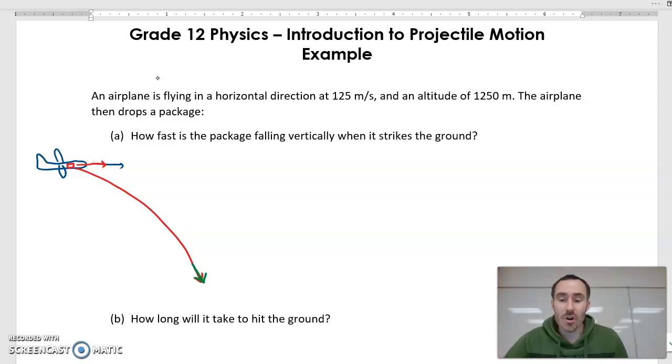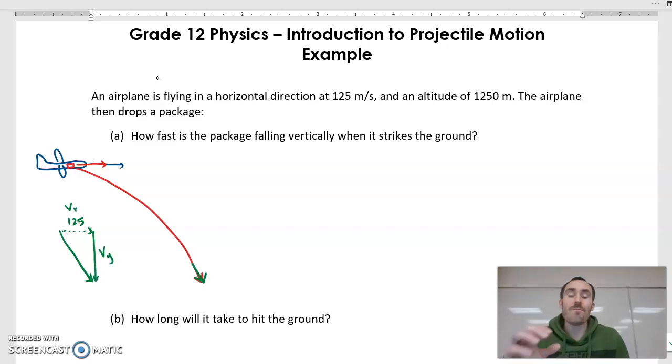So we can show the components of this vector. I'm going to draw it a little bit bigger. Let's say like that. The components of this vector would be 125 meters per second sideways. That's Vx. And its Vy we could figure that out. Both of those things together give you the velocity at the end.